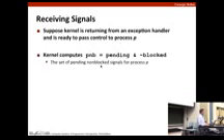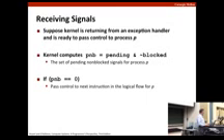It does this by computing a bit vector PNB, so pending non-blocked, which is the logical AND of the pending bit vector and the inverse of the blocked bit vector. So PNB is a list of all the pending signals that aren't blocked. These are all the pending signals that should be received.